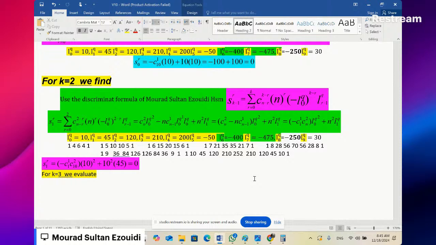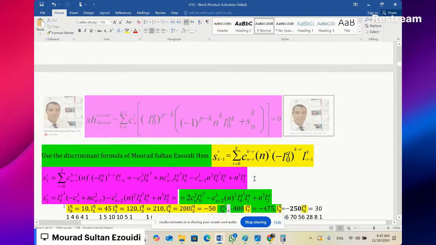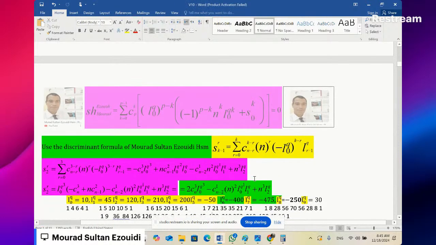So in fact, this kind of example, this kind of x to the power 10, is not easy to solve, but you will see how we solve this. Meaning that you are lucky, learners, to use the discriminant formula of Mr. Murad Sultan Ezouidi.